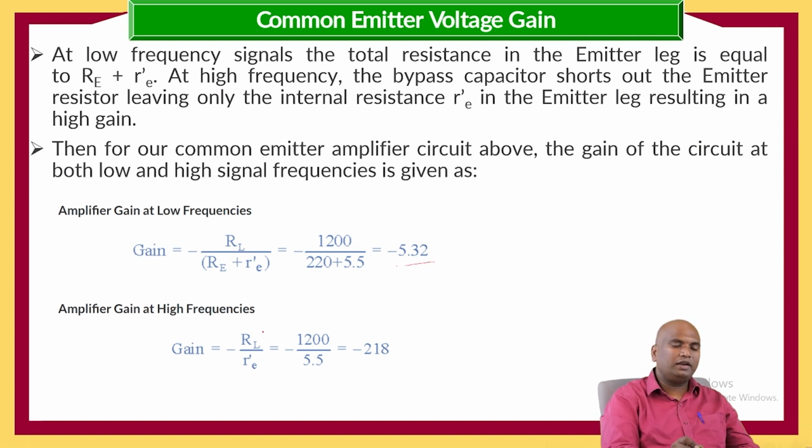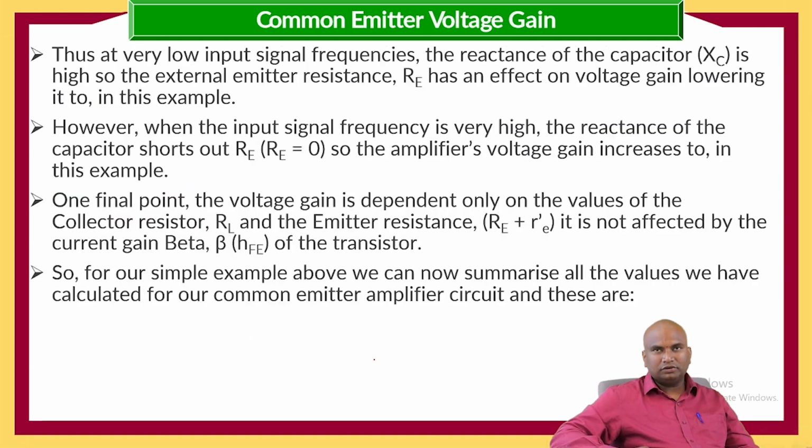For the amplifier gain at high frequencies, only RE dash will be there, as the emitter resistance will be shorted out by the capacitor. That is minus RL by RE dash, that is equal to minus 1200 by 5.5, which is equal to minus 218.